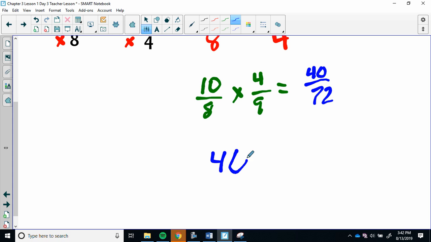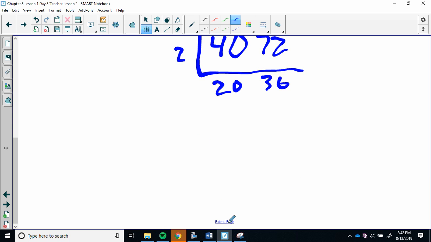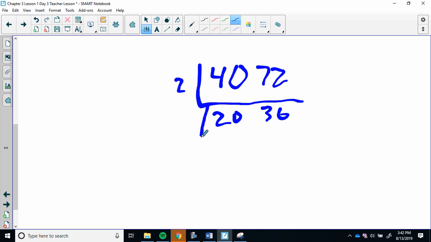If you look at it right away, you should be able to tell that they're both even, so we can reduce. So once again, you can pick any number you want. I'm just going to keep it simple here. Go with 2 because they're both even. 40 divided by 2 is 20. 72 divided by 2 is 36. They're still both even, so let's do it again by 2. 20 divided by 2 is 10. 36 divided by 2 is 18.